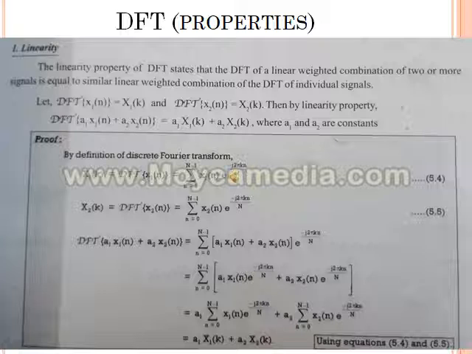Now when we add both these inputs together, x1(n) plus x2(n), and apply this combination to the same system, if the system produces output y3(n) and y3(n) is equal to y1(n) plus y2(n), then the system obeys the superposition principle.